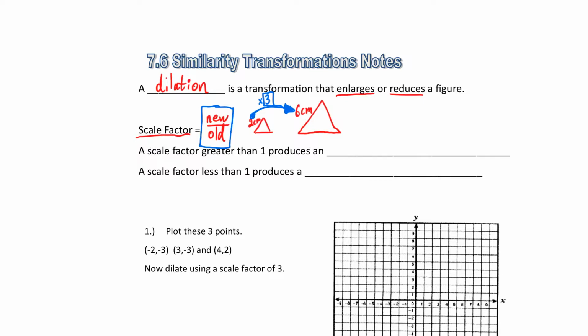So 2 is the old one. It's where we started, and it multiplied by 3 to get 6, which is the new one. So which one's the new one? 6, over how long is the old one that corresponds to that? 2. And if you do 6 divided by 2, what does that give you? It gives you 3, right? That's the same thing as this right here.